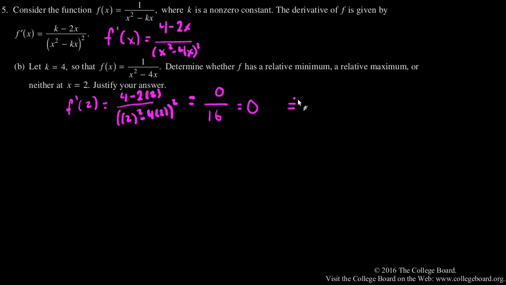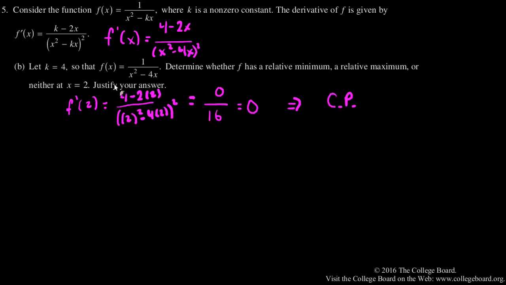So that means that we have a critical point. That's important. So the slope being 0 means that it's possible. If it's 0 or if it's undefined or if it's an endpoint, we could get a maximum or a minimum. So we could. Next thing I need to consider is what happens on either side around there.